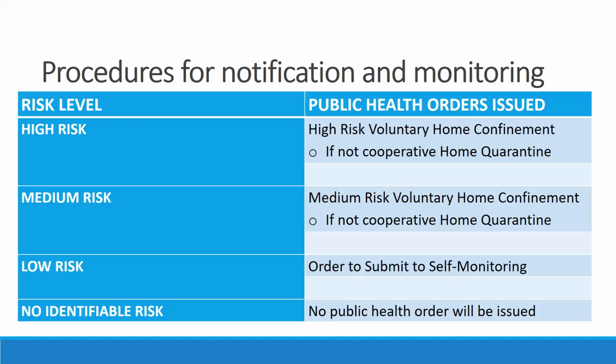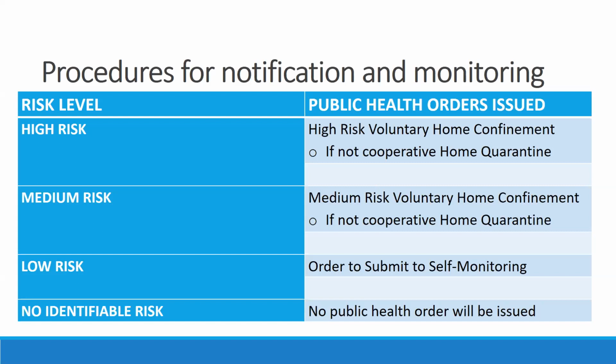And there's more detailed information that dictates whether someone's at high risk, medium risk, or low risk. That's posted on the CDC website if you're interested in that. But I'll just keep this kind of brief and higher level. If someone is assessed to be at high risk, then we're issuing a high risk voluntary home confinement order. So that confinement order requires that individual to stay home for 14 days after they left either mainland China or Iran.